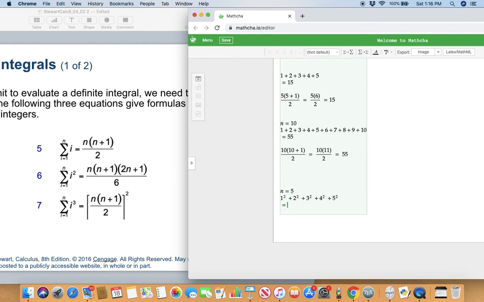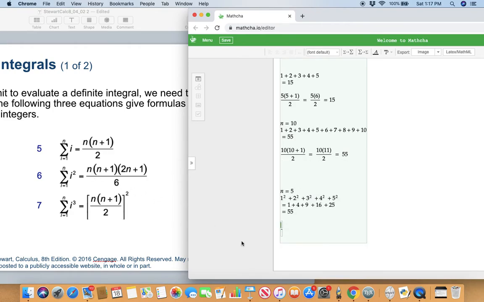Okay, so this is 1 plus 4 plus 9, plus 16 plus 25. Let's see what's the answer. 1 plus 4, 5, plus 9, 14, plus 16, 30, plus 25, 55. Now let me compare it with this formula on the right. It's a fraction.